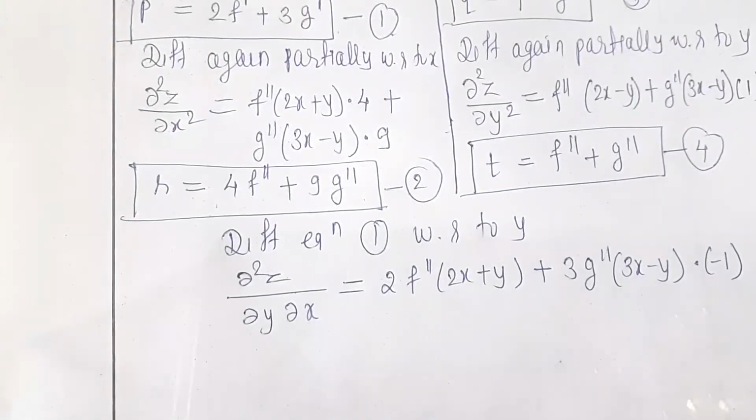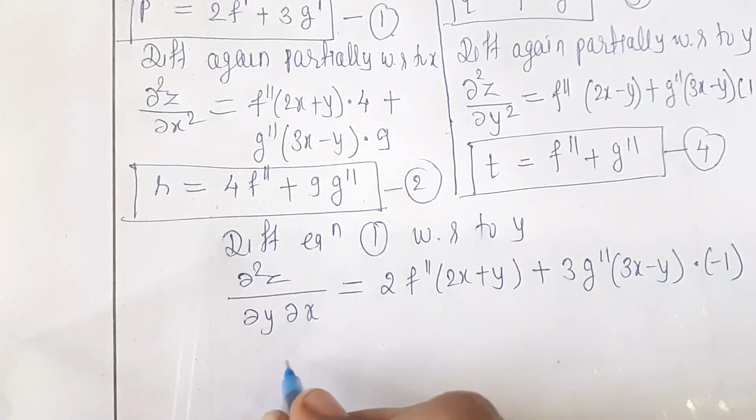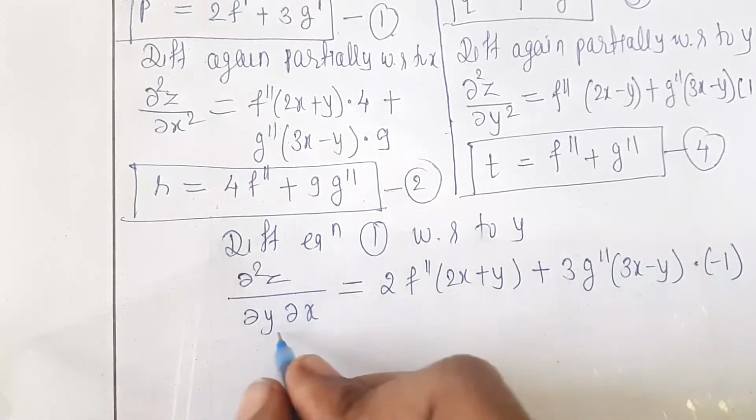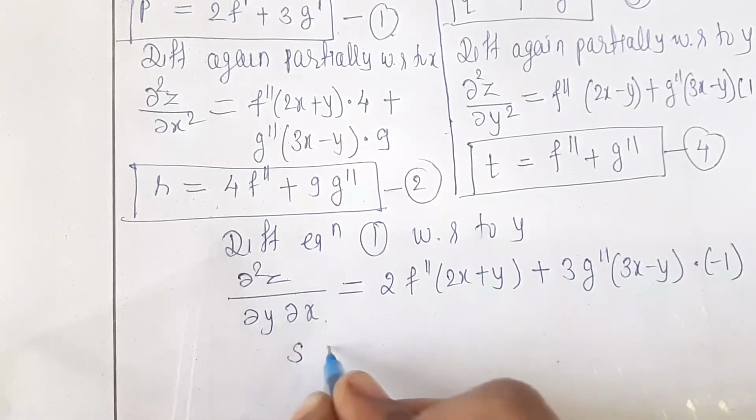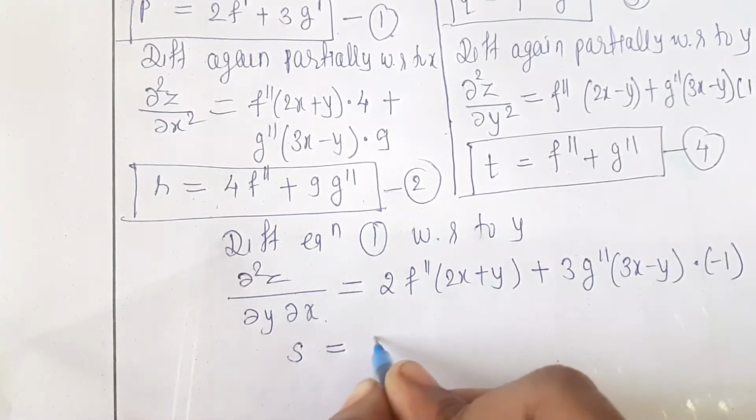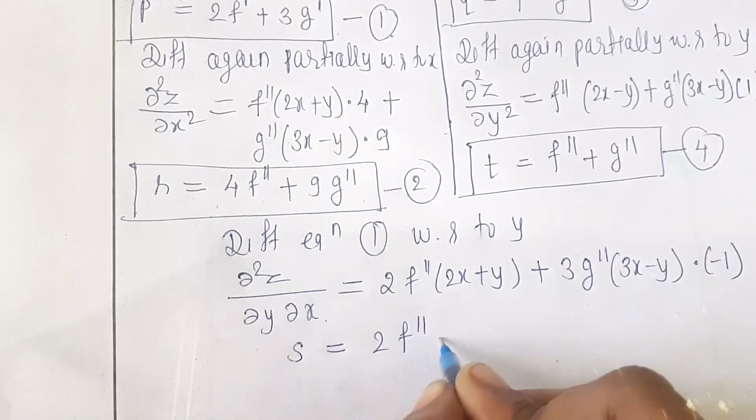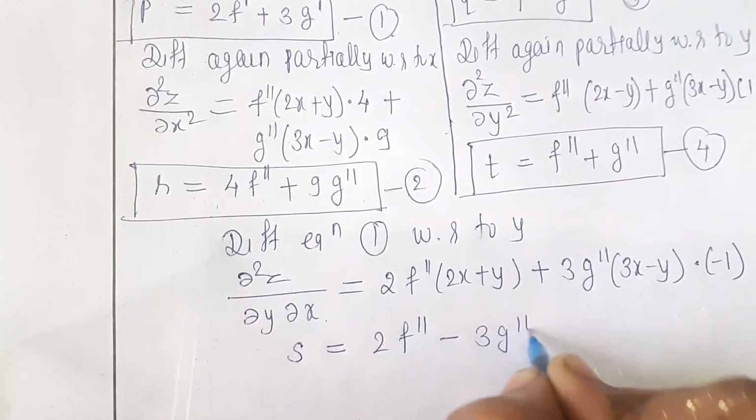So we obtain del 2z by del x into del y, same as del 2z by del y into del x, and it is denoted by s. So we obtain 2 multiplied by f double dash minus 3 multiplied by g double dash.